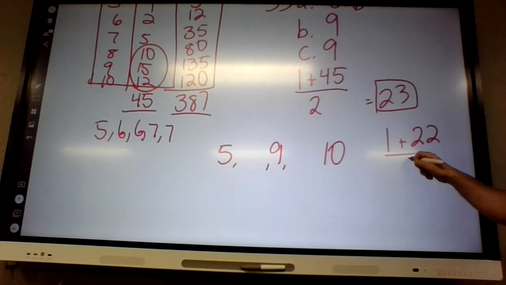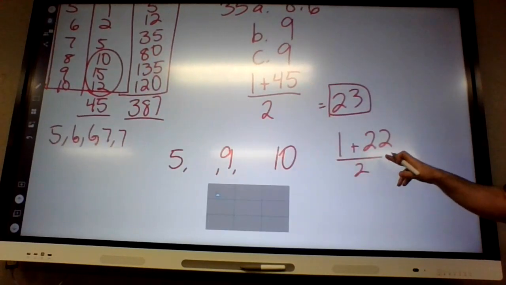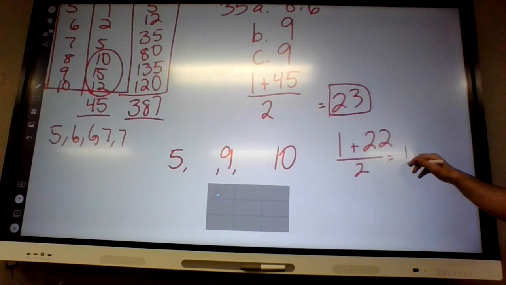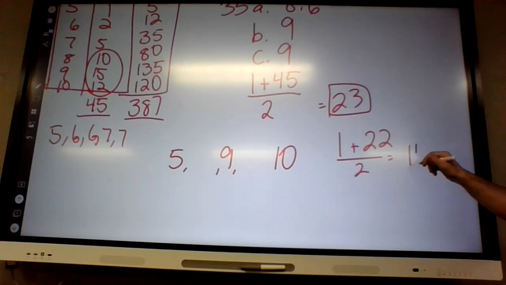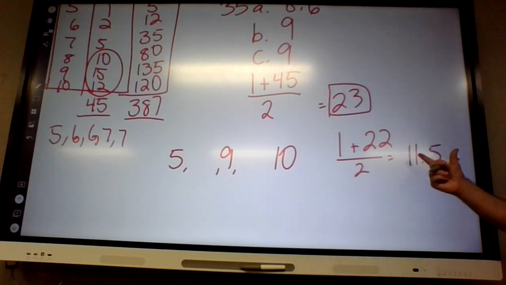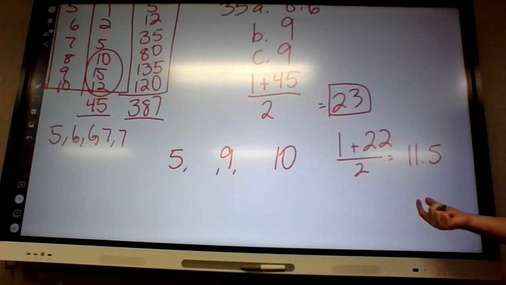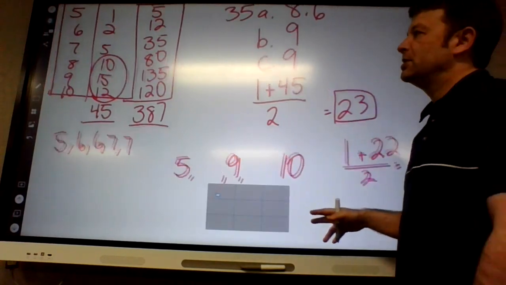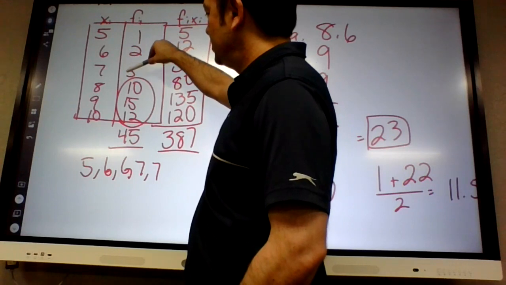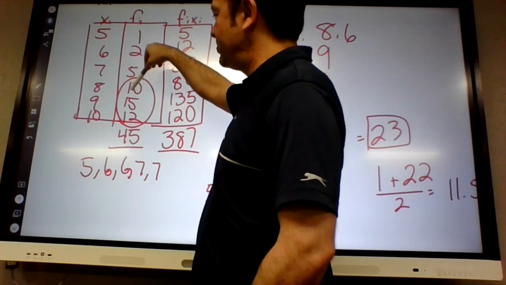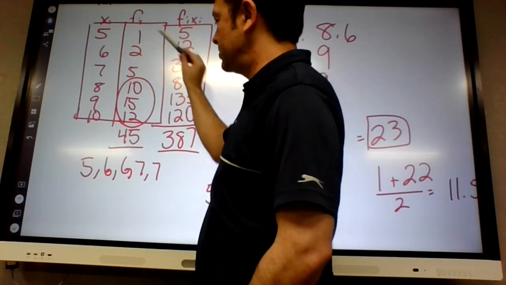So 23 divided by 2 is 11.5. So that means the 11th and 12th numbers share the median of the left. So the 11th number, so this is the 8th number. So the 11 and 12 will be a part of the 8.